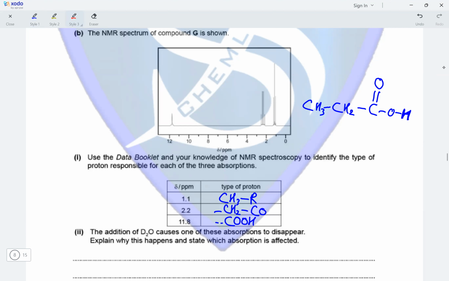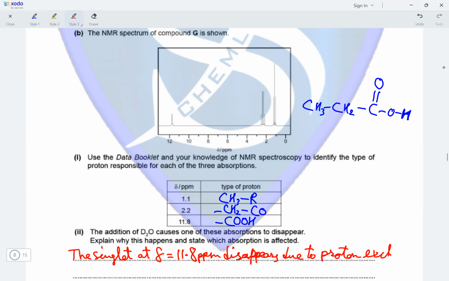Next, the addition of D2O causes one of these absorptions to disappear. Explain why this happens and state which absorption is affected. So the singlet at delta equals 11.8 ppm disappears due to proton exchange.